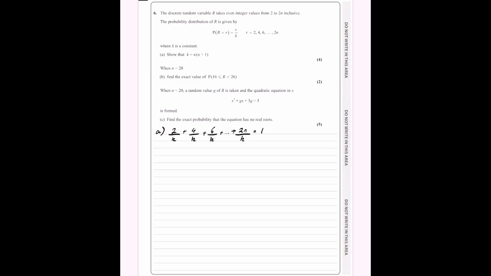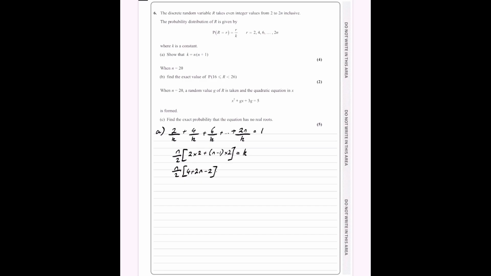So the actual probabilities themselves form an arithmetic series. So I can use the summation of an arithmetic series formula, n over 2, lots of 2a plus n minus 1 d. So n over 2, lots of 2 times 2 plus n minus 1 times 2. And that's going to be equal to k. If you imagine, I've just multiplied everything by k to bring it onto the right-hand side there.